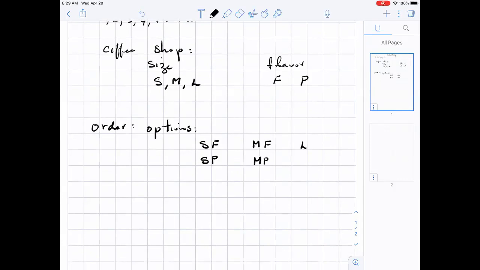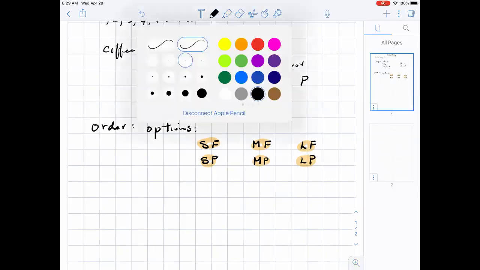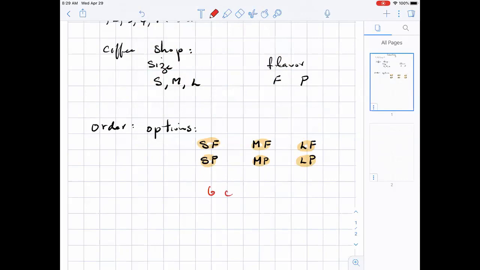Or you can have a large French vanilla, or you can have a large pumpkin flavor. So these are all of the choices you have. And if you look at them, you will see that you have a total of 6 choices.